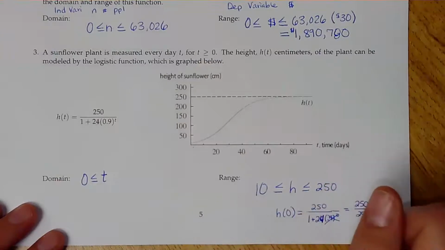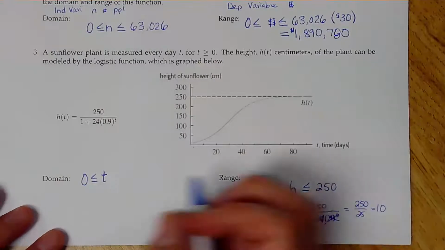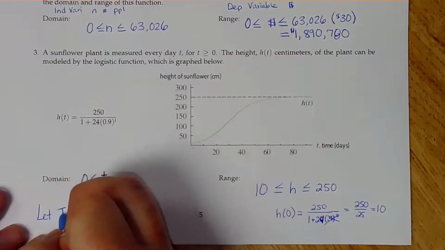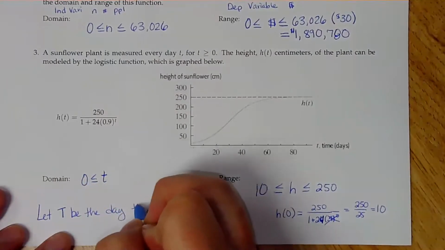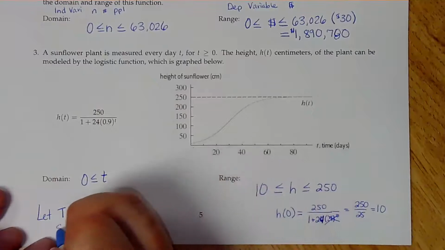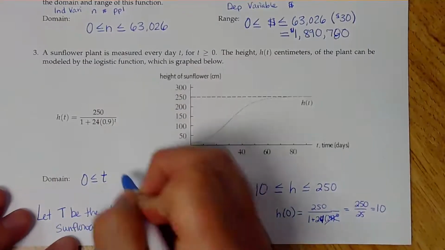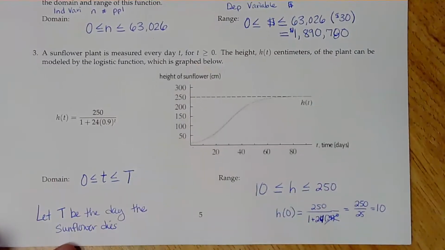Is that sunflower going to live forever? Not unless it's plastic. So we're going to say, let big T be the day the sunflower dies or wilts. And then that makes the upper bound on our domain that big T.